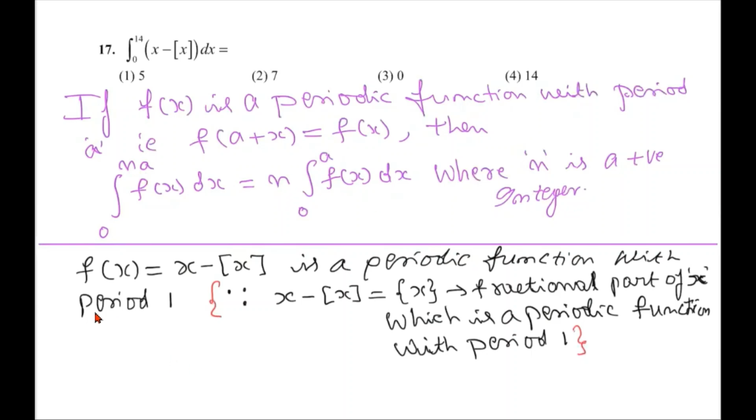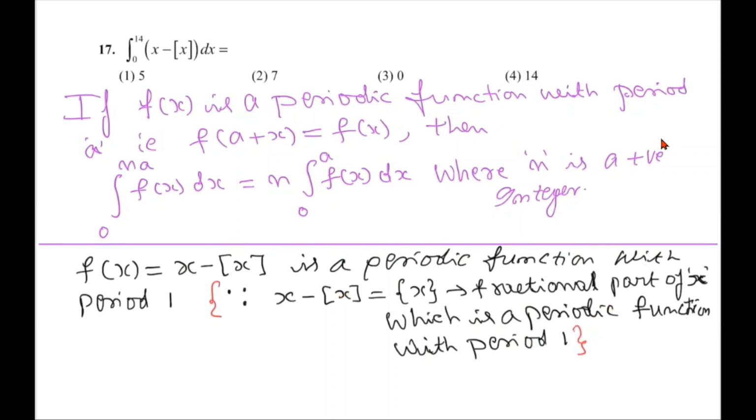Now the given function f of x equal to x minus bracket x is a periodic function with the period 1. Also remember, x minus bracket x is defined as the fractional part of x, which is a periodic function with the period 1.